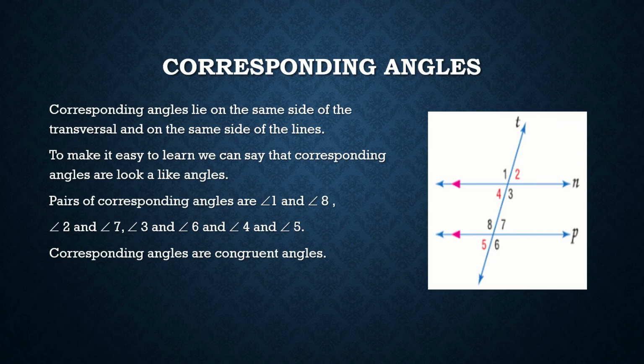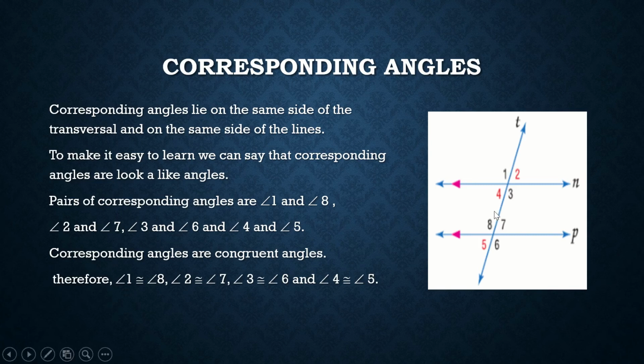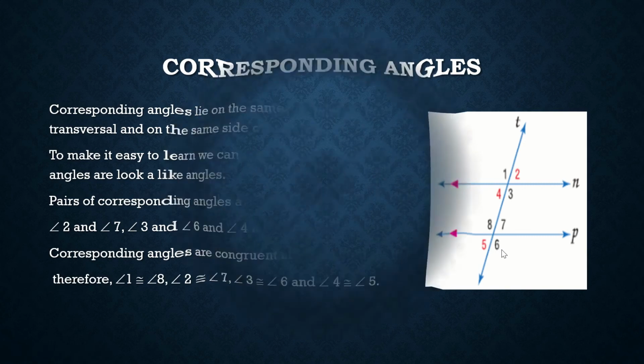So corresponding angles are congruent angles. Therefore, angle 1 is congruent to angle 8. Angle 2 is congruent to angle 7. Angle 3 is congruent to angle 6. Angle 4 is congruent to angle 5.